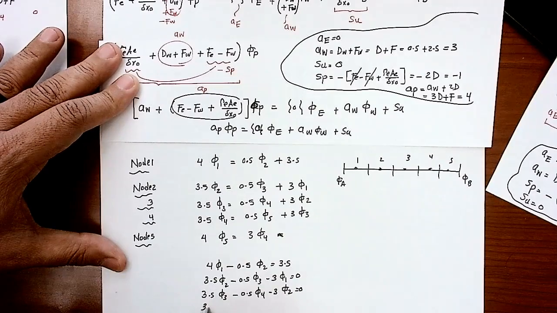I have 3.5 phi 4 minus 0.5 phi 5 minus 3 phi 3 equals 0. And the last equation is 4 phi 5 minus 3 phi 4 equals 0.